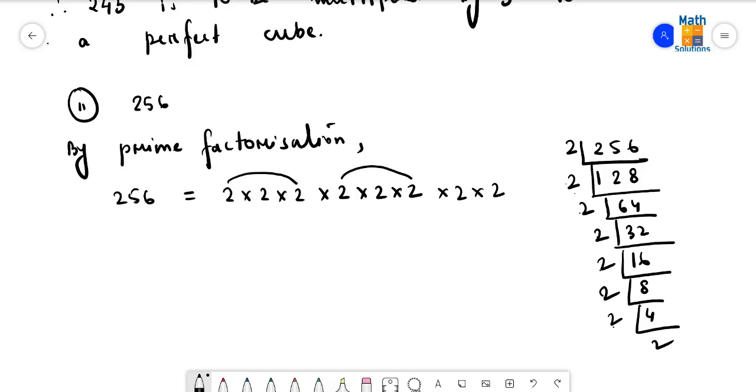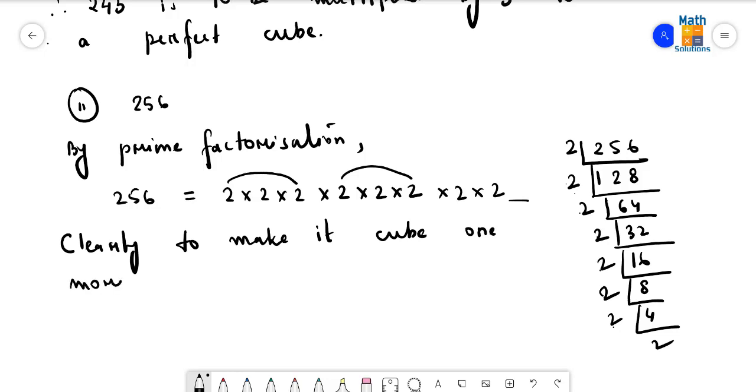We can say that one more 2 is required here to make it a cube. One more 2 is to be multiplied, and that is the answer.